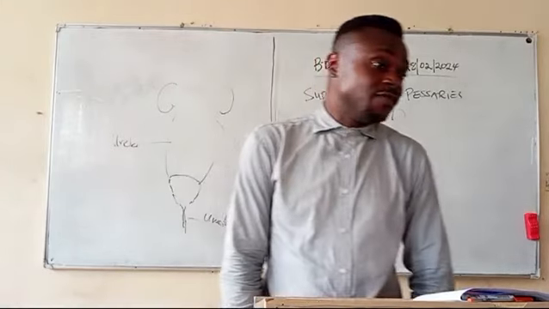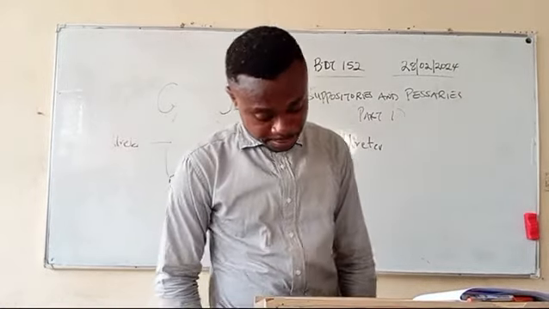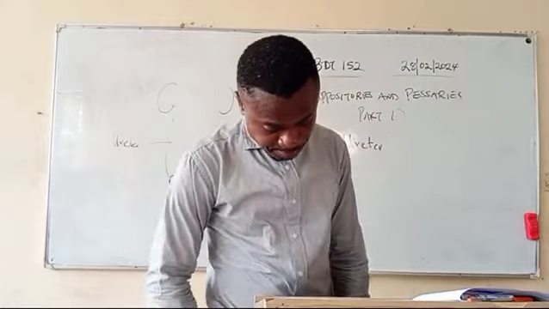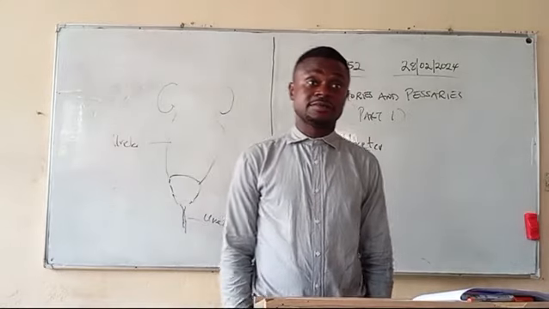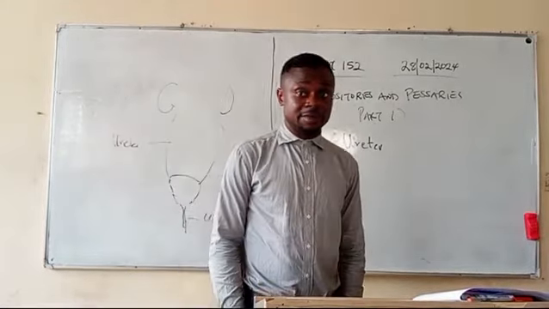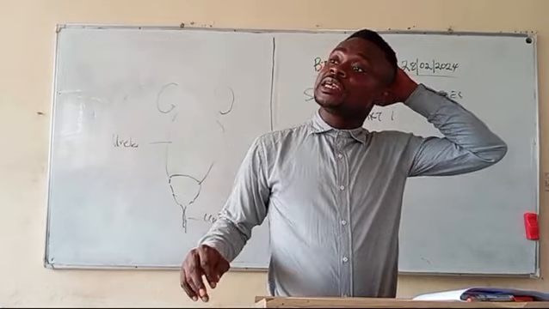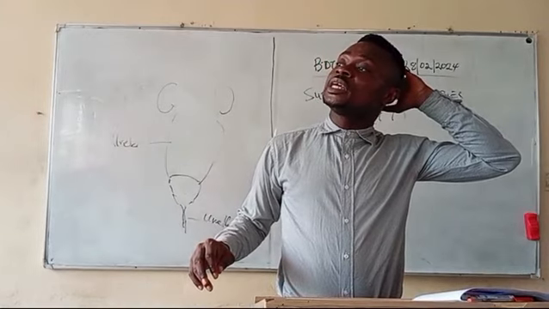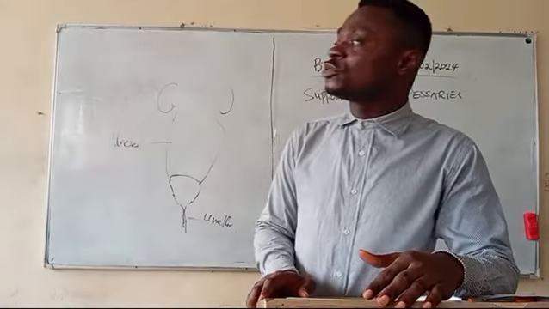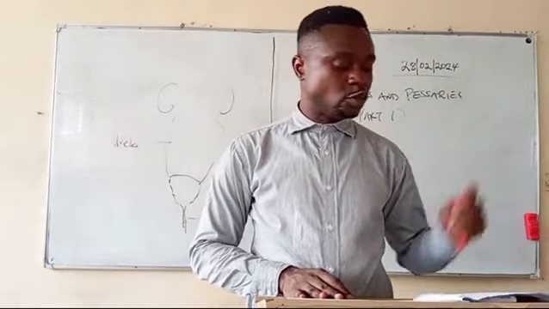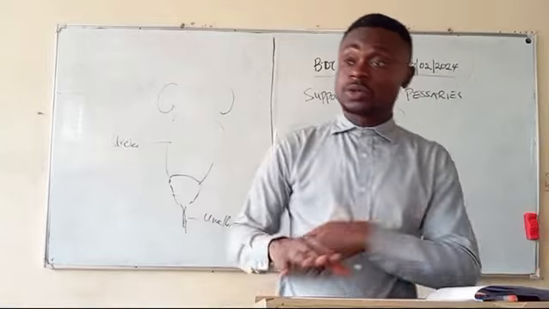Now, there are some drugs that are not stable in the GIT pH. Remember, in the GI pH, they are not stable. What actually happens to some drugs in the GIT that will make us try to bypass the GIT, especially the stomach?